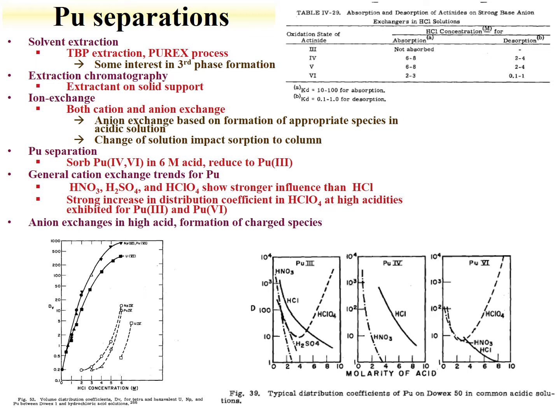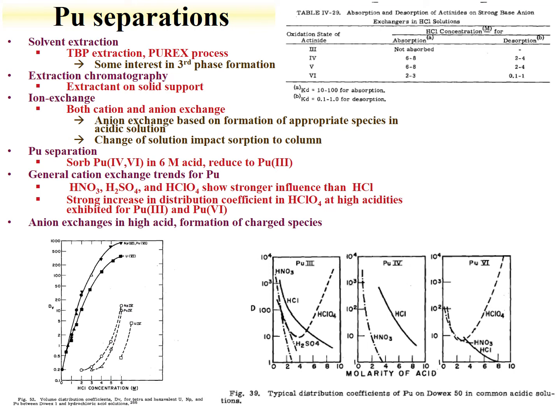Another example is shown here, where we have some of the different plutonium oxidation states. The plutonium 6 sorption has very high properties on this TRUEX resin, whereas the 4 also has relatively good sorption properties, but less than the 6.